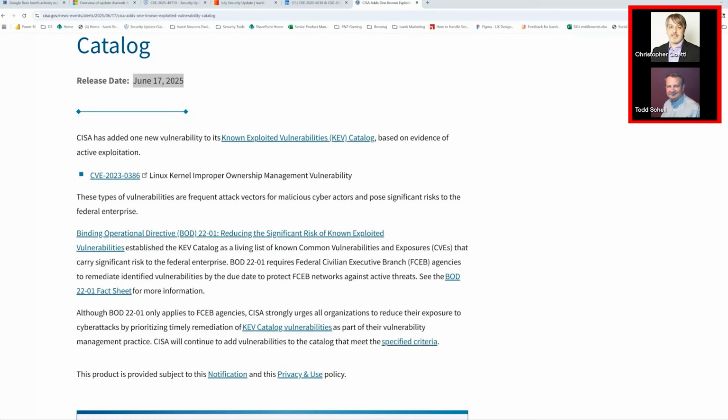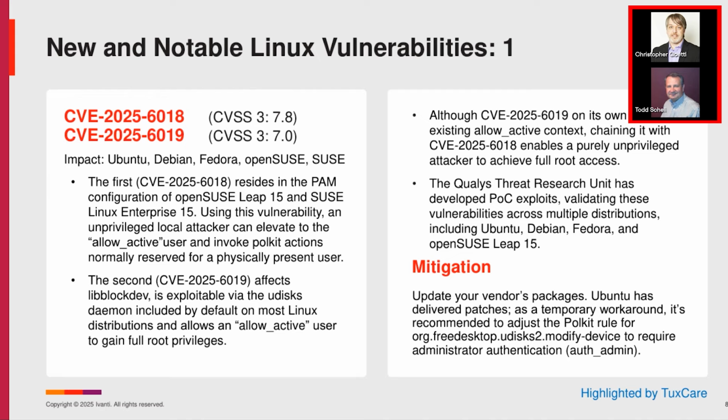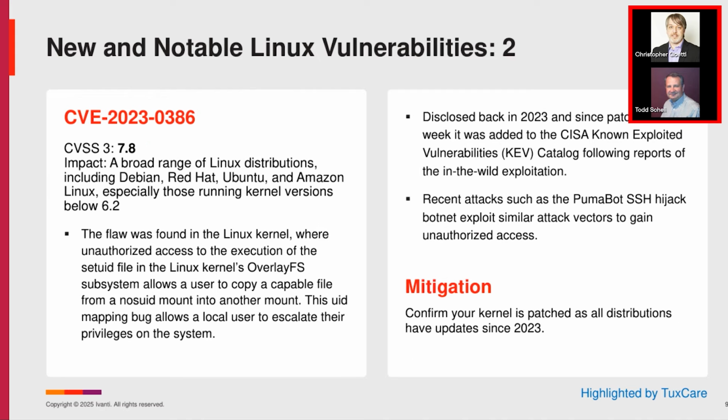The third slide that we've got in there is, I'll jump back over to the presentation now. So this was the first pair we talked about on slide 8. And then we talked about the one that was just recently added to the CISA KEV list in June, actively being exploited.